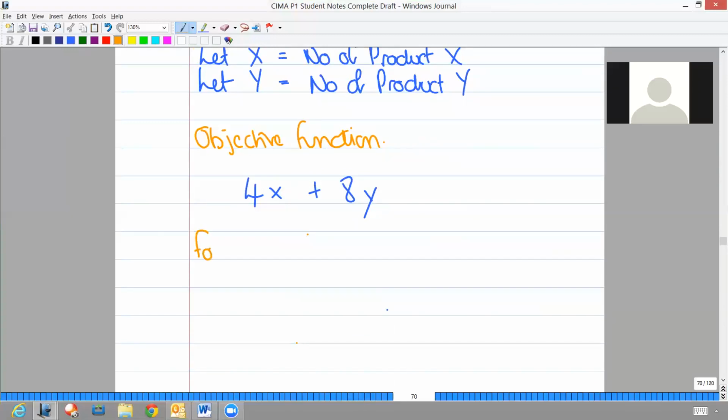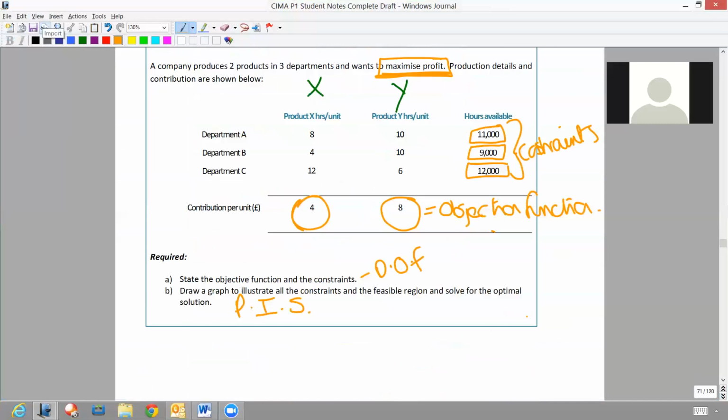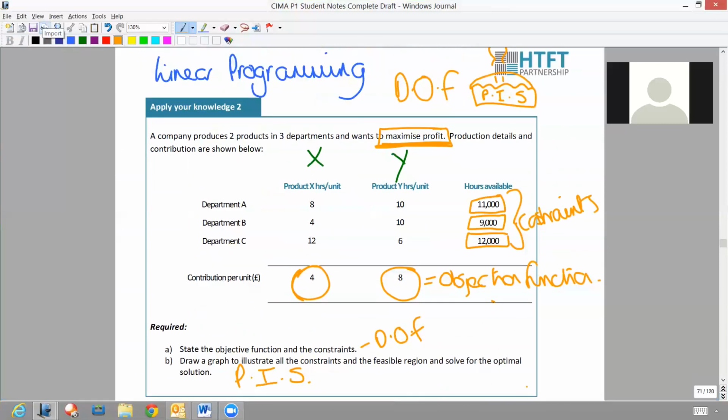You now need to formulate your constraints. Formulating the constraints is just about taking the information that you've got in the scenario and turning it into a sum, and you have to do it for each and every constraint that you've got.